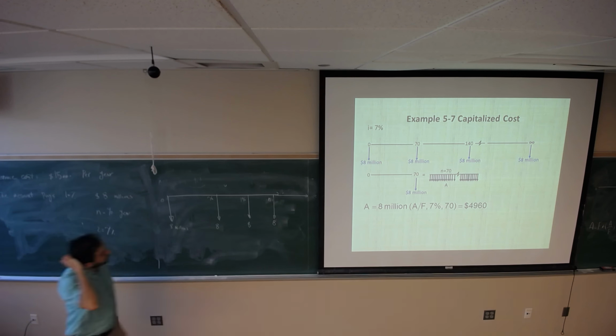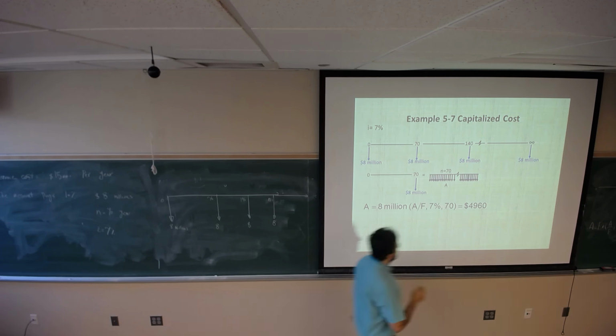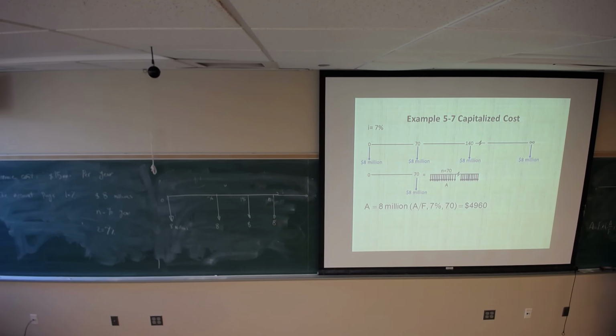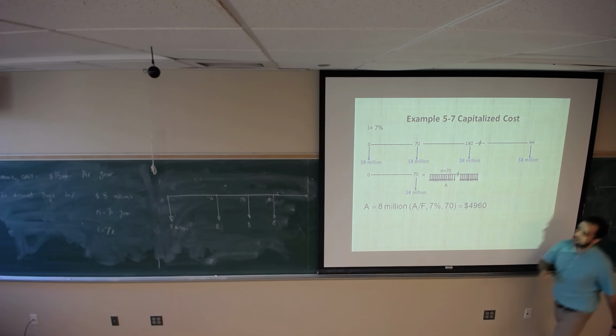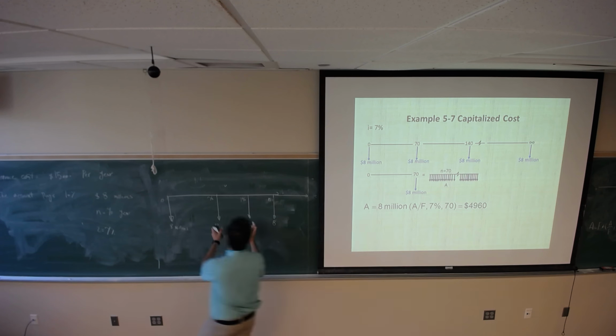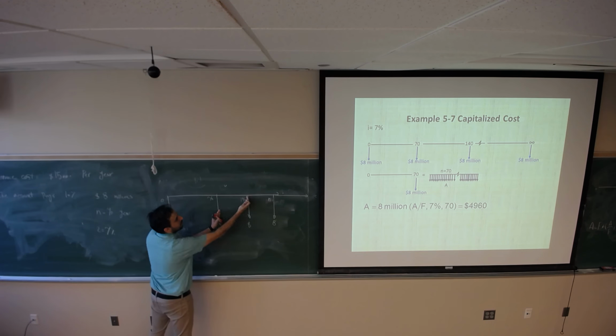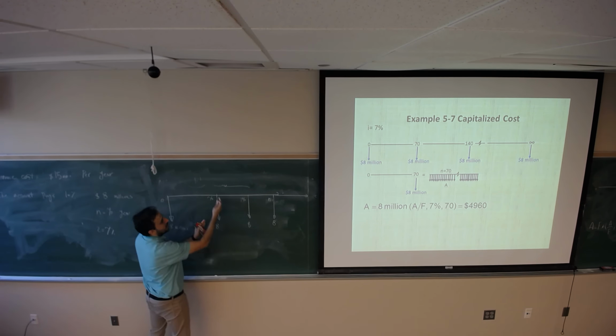It's going to be $49.60. So if you do this $8 million for this period, for 70 years, you will get the same $49.60.